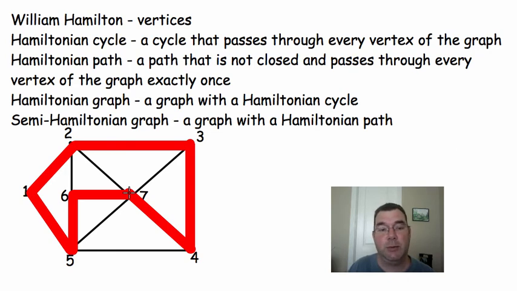The first example I did was a Hamiltonian path because it didn't end where I started. This is a Hamiltonian graph because it does have a Hamiltonian cycle in it. You could say it's semi-Hamiltonian and Hamiltonian, but basically saying that it's Hamiltonian implies that it's going to be semi-Hamiltonian anyways, because a cycle is a specific kind of path.